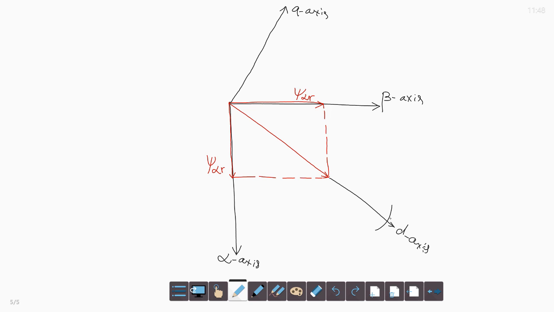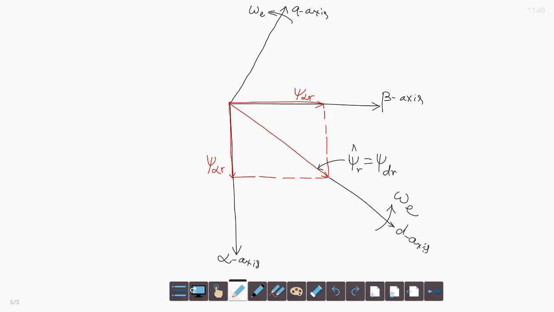This dq reference frame is the synchronously rotating reference frame, rotating at synchronous speed omega e. This vector is the rotor flux psi r, which is the same as psi d r, because the d axis is along the rotor flux.